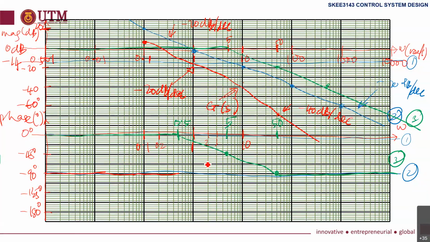So after 0.5, we see that it goes down, minus 45 degrees per decade. That means here at 5 is minus 135. And at 50, it will be minus 180 degrees, because it's going down by 45 degrees per decade. It will be like this. And then no slope, all 0. So this is G(s). Minus 45 degrees per decade here.